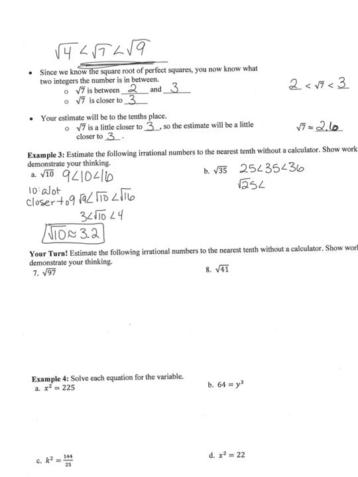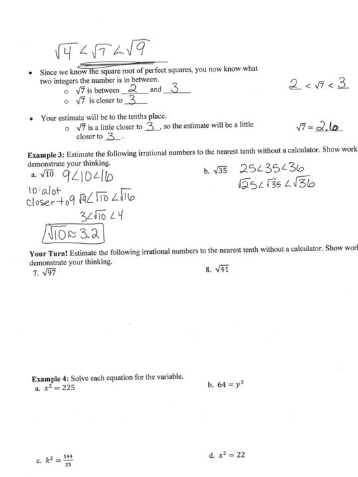So now I'm going to write it out in terms of square roots. The square root of 25 is less than the square root of 35, which is less than the square root of 36.